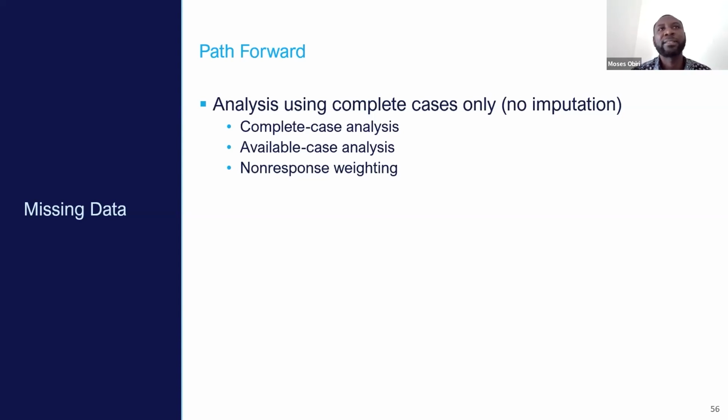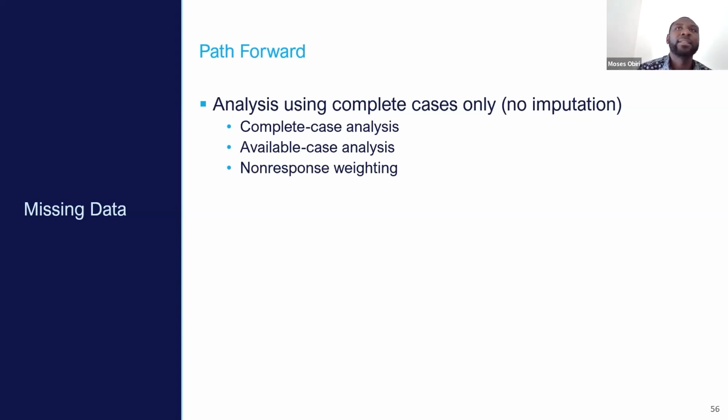Again, this also suffers the same fate as using the complete case route, where your analysis may be biased or unbiased depending on the nature of missingness that you are dealing with, and other factors like sample size and the proportion of missingness in your data set.